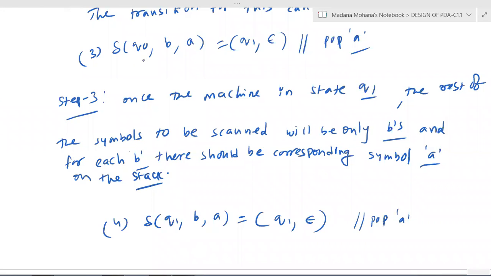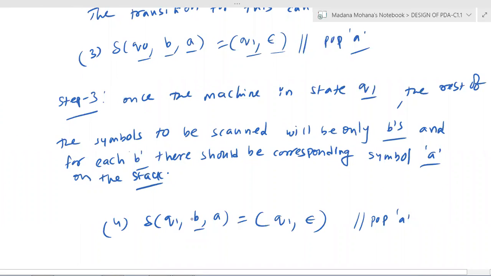So here also again pop A. Previously you can see you were at Q0, input is B, stack top is A. Then you change the state Q0 to Q1, then that A from the stack is erased with input B. Now at Q1 state also one more B is there. Further, for all the scanned symbols B, there should be corresponding symbols A on the stack. Then matching is found.